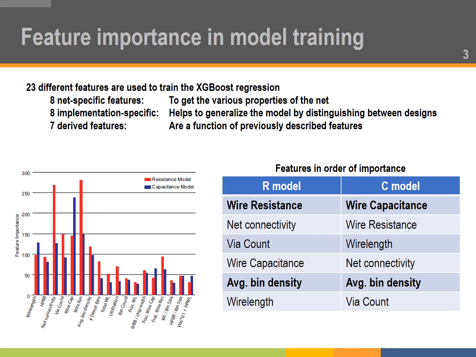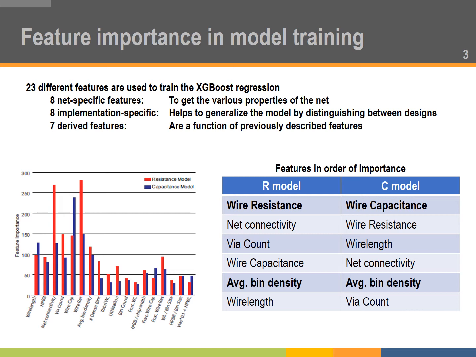So looking at different features, this is the feature importance of the model. In the model, we use a total of 23 different features for the XGBoost regression model, and of these 23, 8 of them are net specific features to get various properties of the net, and 8 others are implementation specific, and these are used so that the model can be generalized for different netlists.